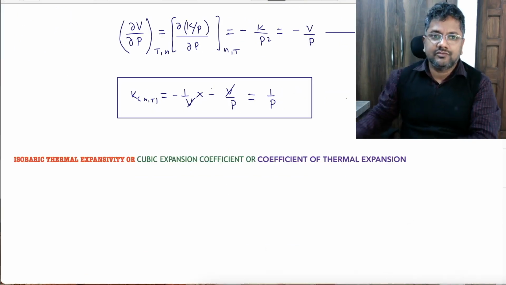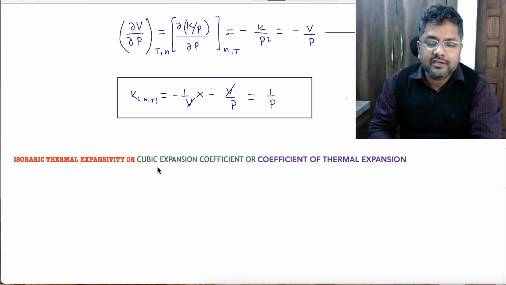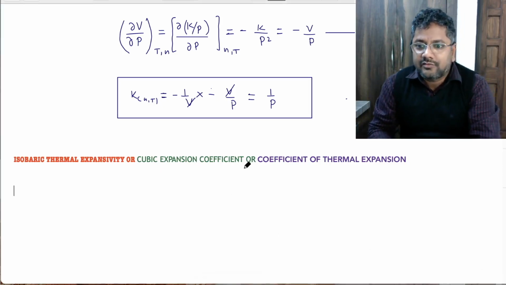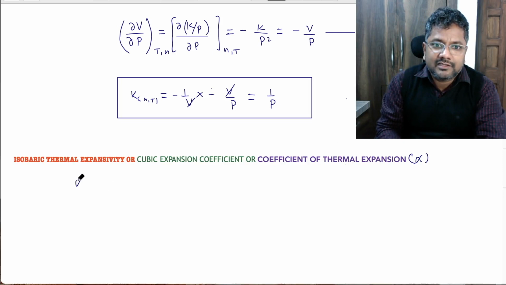Now see isobaric thermal expansivity or cubic expansion coefficient or coefficient of thermal expansion alpha, as you have already gone through in Charles law. So this alpha is given by this expression.